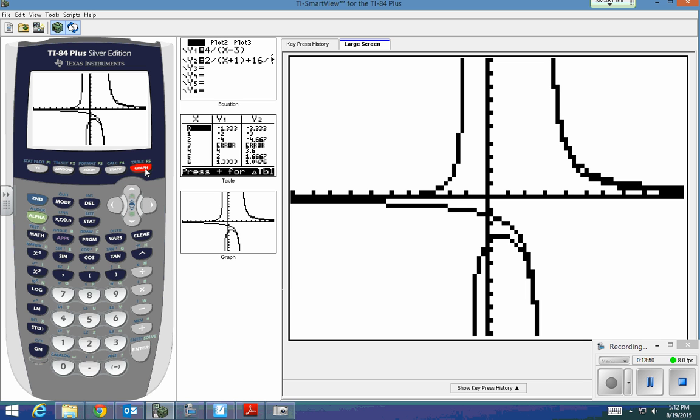So if you notice, this 4 over x minus 3 is this equation, this rational function that's there, and it's this one that's here. And my blue equation, this one, okay, is right here.